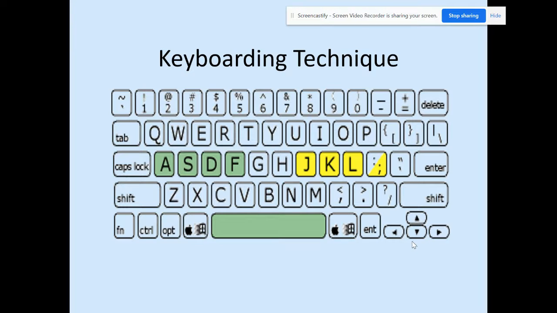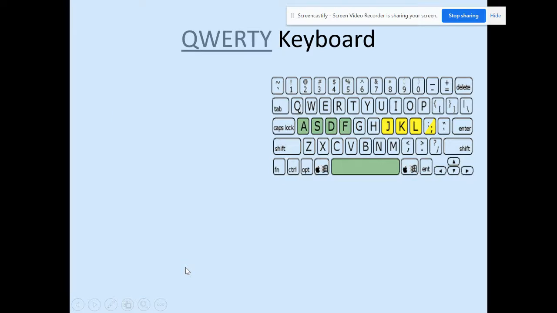As we talked yesterday about word processing and the keyboard itself, this image on our screen is very familiar to us. Even if we would look down on our laptop or computer desktop, we would see a keyboard like this. This is actually called the QWERTY keyboard. What an odd name.